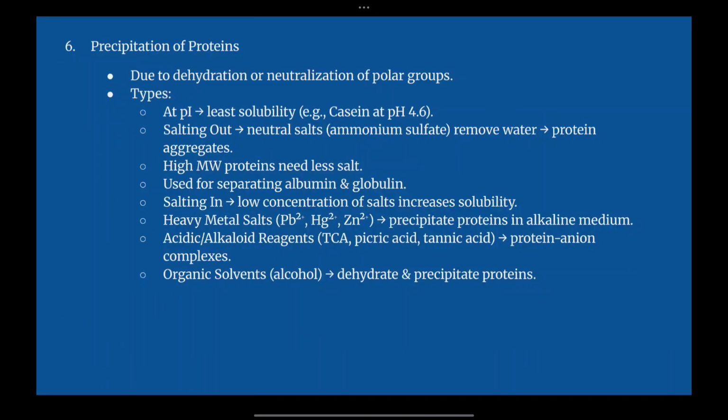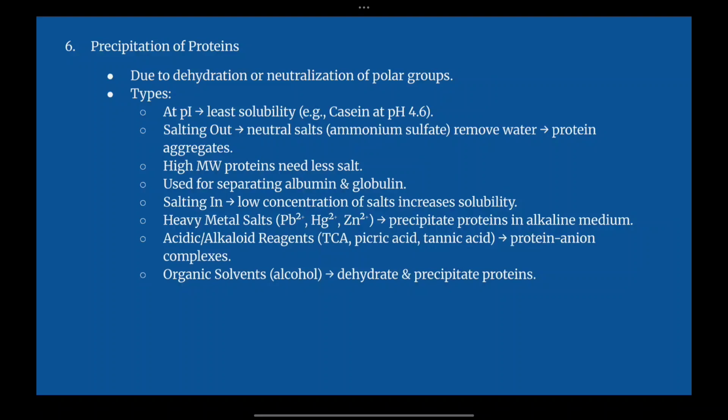The precipitation of protein. Whenever a protein is dissolved, it does not dissolve completely, due to dehydration or because of the neutralization of the polar groups. Now, how is the precipitate of protein formed in different reactions?